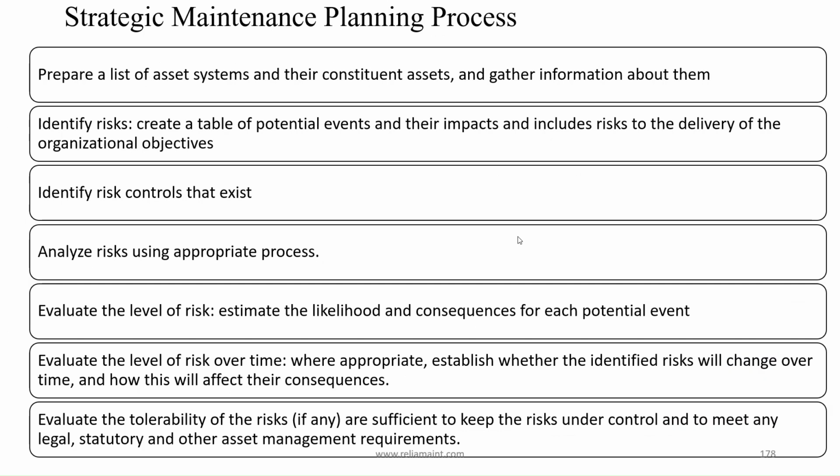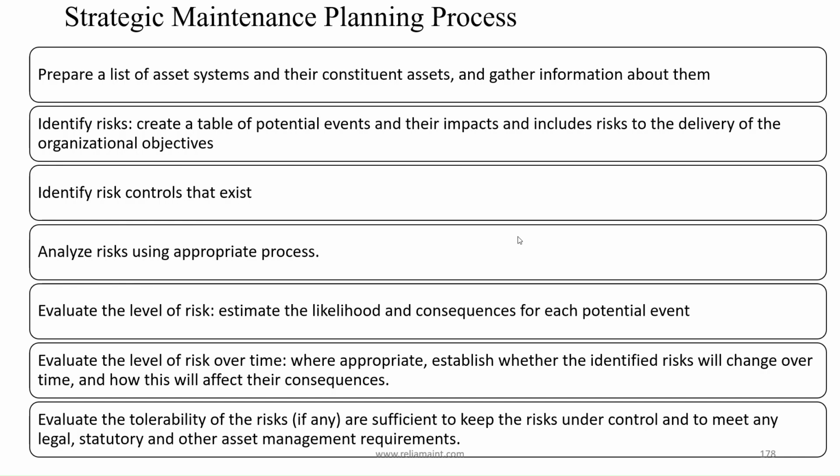Prepare a list of asset systems and their constituent assets and gather information about them. Identify risks. Create a table of potential events and their impacts, and include risks to the delivery of the organizational objectives. Identify risk controls that exist. Analyze risks using an appropriate process. Evaluate the level of risk.